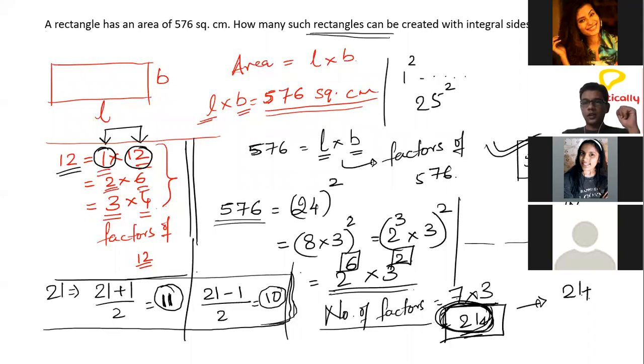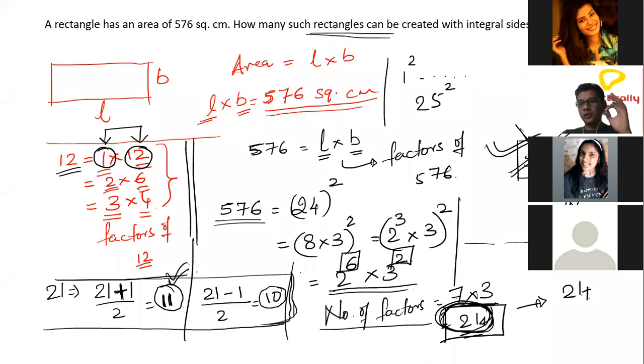But to create this square, how many 24s do I require? I require two 24s. Because I require one more extra 24, I am adding one extra factor and then dividing by 2, and thus I'm getting 11 rectangles. But let's now assume that you do not want to create this square.